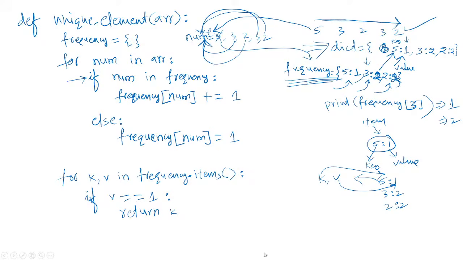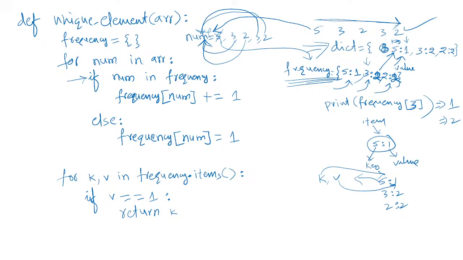You will execute this code. Okay, so we go back to our online compiler. What I do is I write one more function here. This time I define unique element.